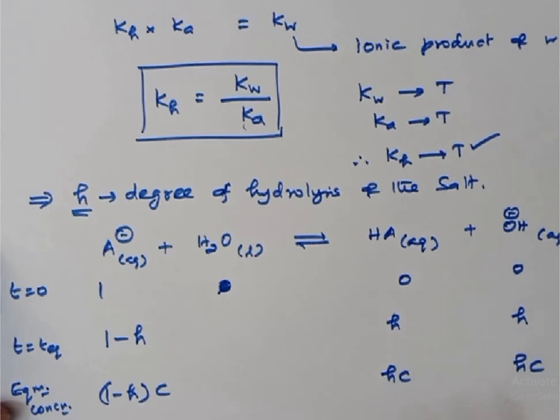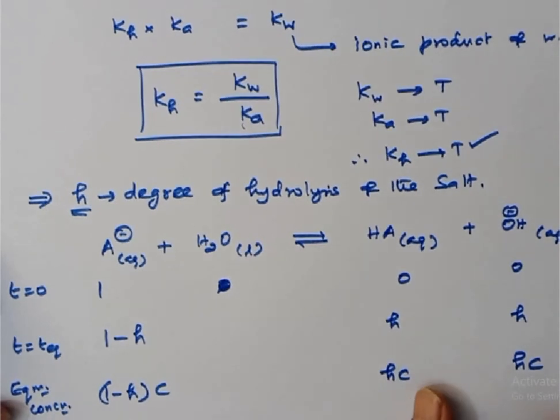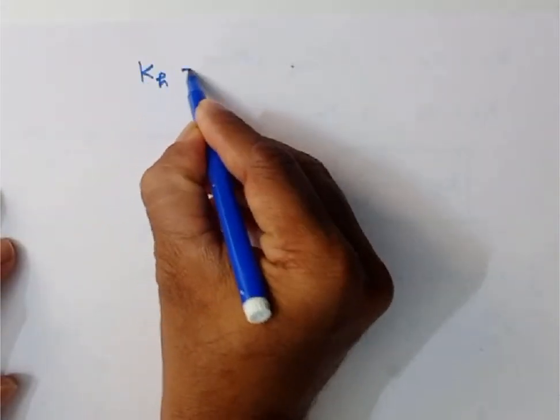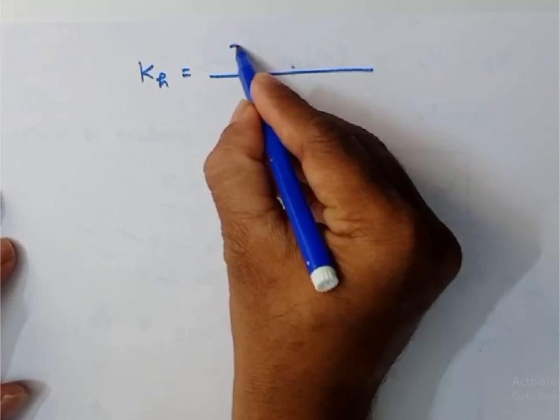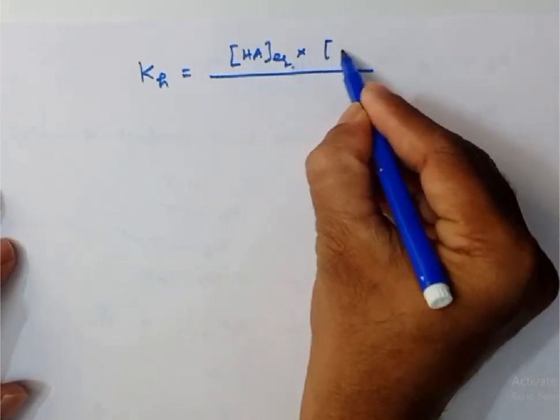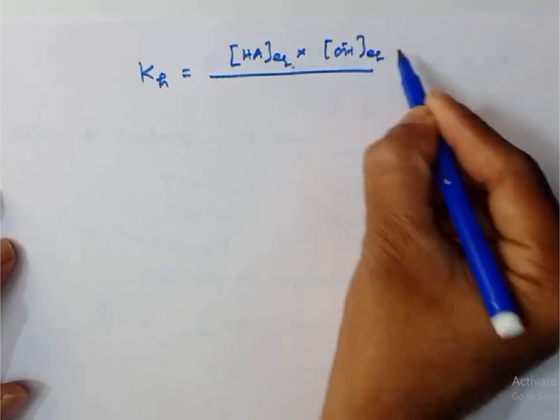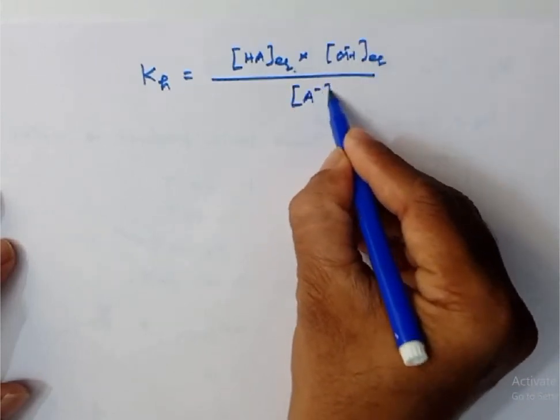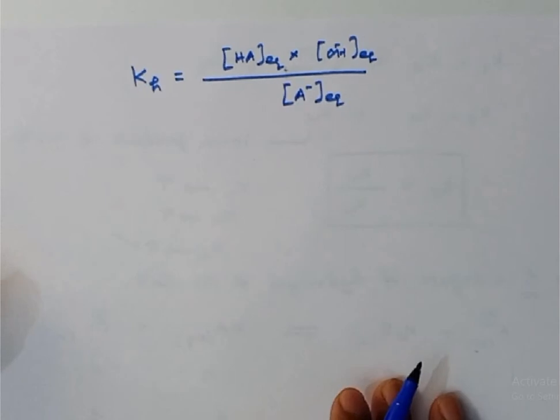Okay, therefore I can write hydrolytic constant KH equal to equilibrium concentration of the acid into equilibrium concentration of the OH minus ion divided by equilibrium concentration of A minus ion.